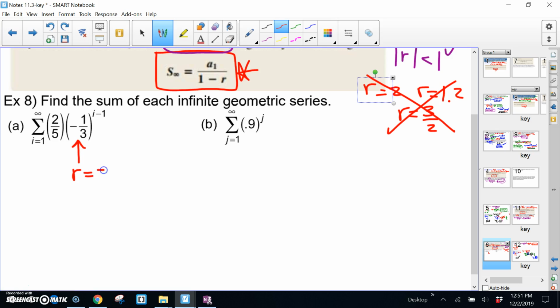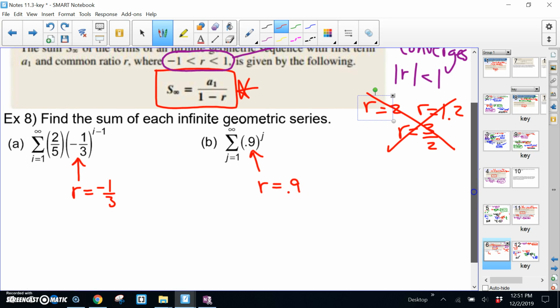R equals -1/3, and in this example, R equals 0.9. Both of those numbers are in between -1 and 1, so both of those are going to converge. You're going to have a question on your homework that's going to say, does this converge? And so that's what you have to look for. If that R is in between -1 and 1, it's going to converge, yes. Otherwise, you would say no, or it diverges.